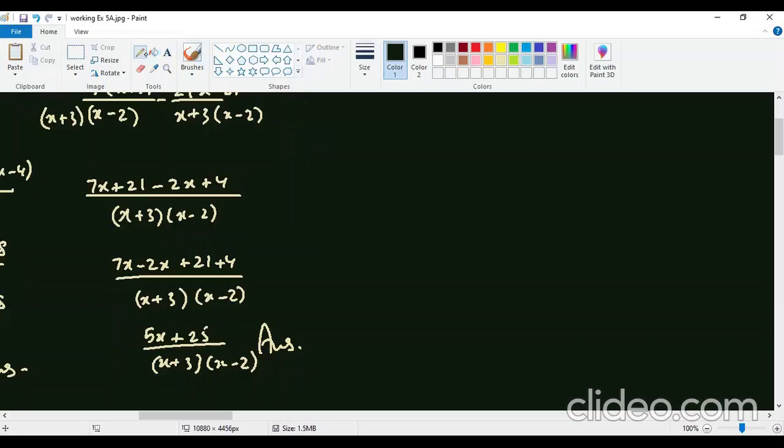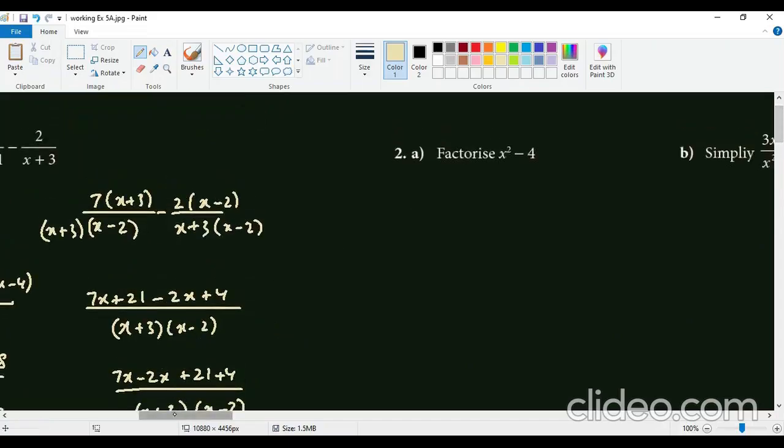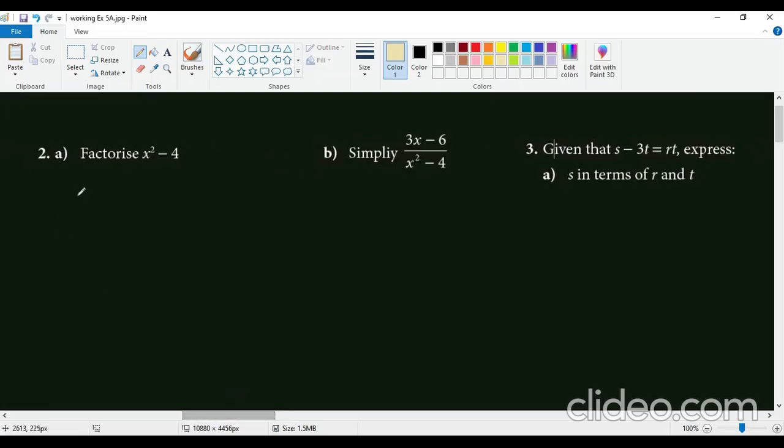Moving on to the next question, which is to factorize x square minus 4. So I can write this as x square minus 2 square. Here we remember the formula: a square minus b square equals a plus b and a minus b. So I can write very easily x plus 2 and x minus 2 as an answer.